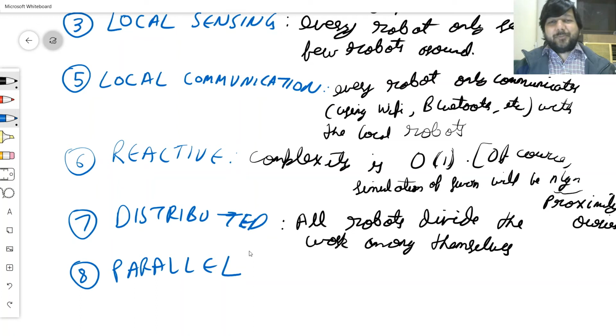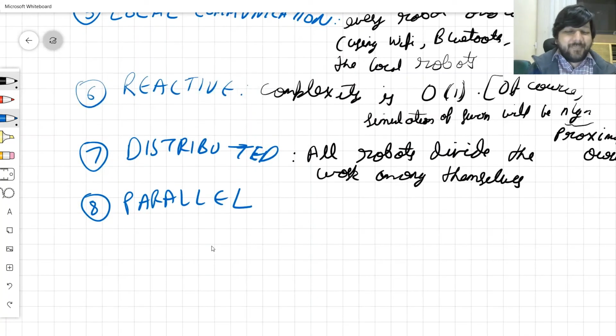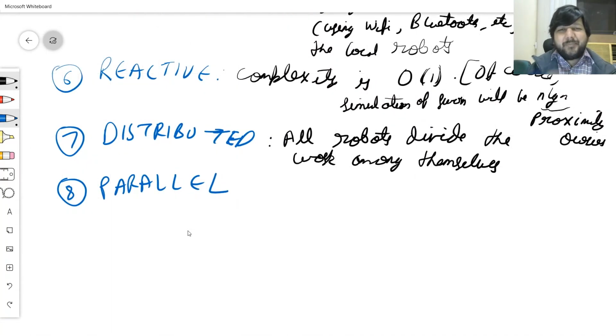If you go to simulation in a laptop like the one that I'm using currently, there's only one processor which is simulating all of them. So it's not really parallel. When we are talking about swarm, we are talking about highly parallel systems. Every robot is physically independent and has its own little processor doing whatever you're asking it to do.